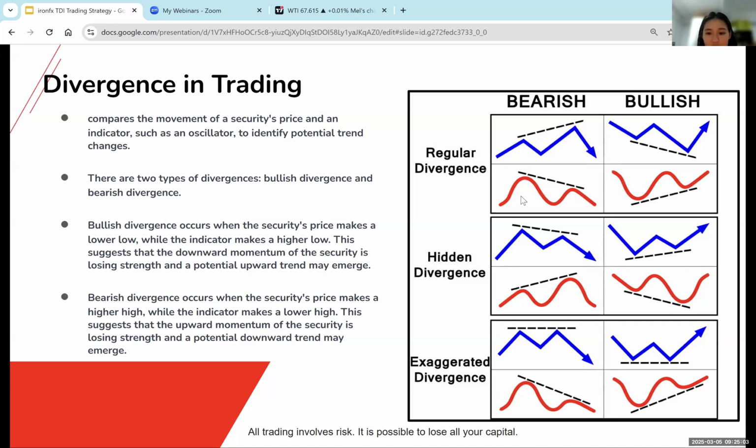A bearish divergence, if we look on the left, occurs when the security's price makes a higher high while the indicator makes a lower high over here. This suggests that the upward momentum of the security is losing strength and a potential downtrend may emerge.